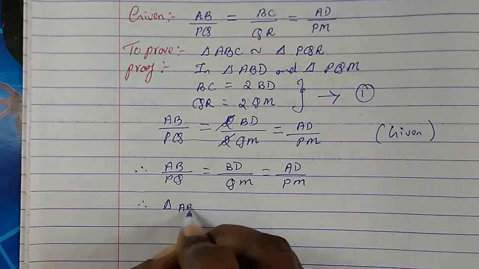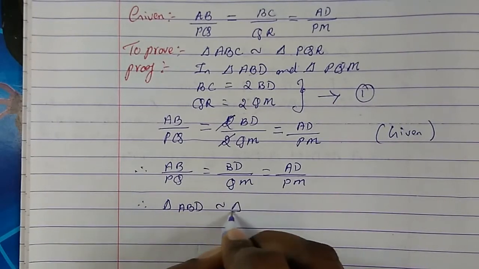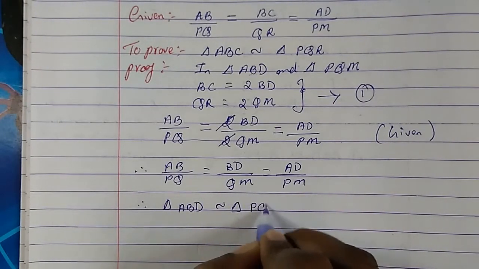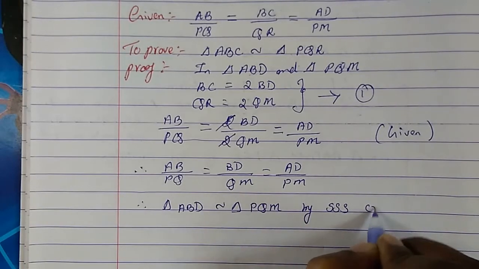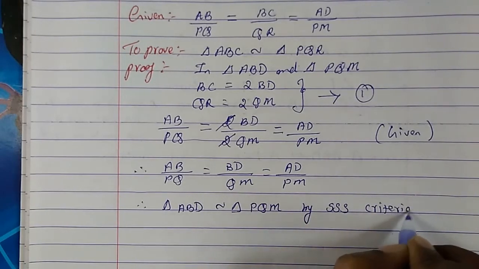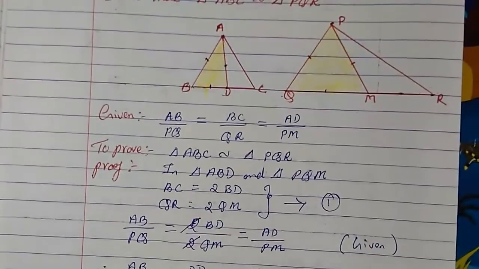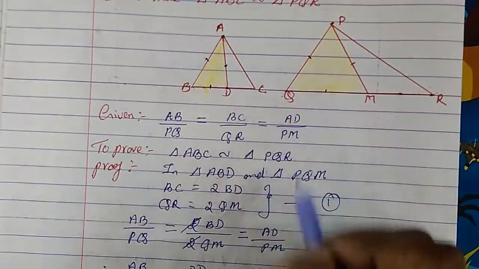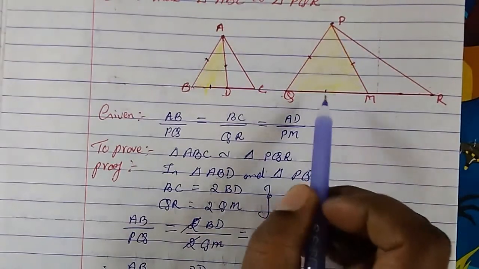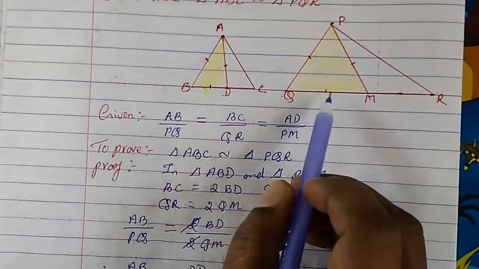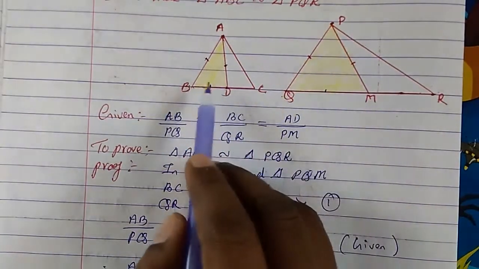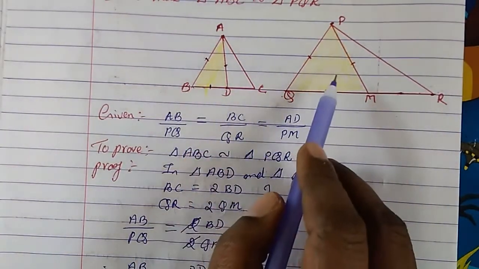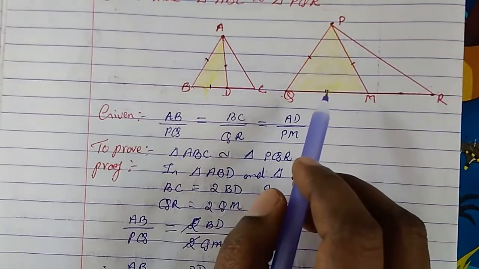Triangle ABD is similar to triangle PQM by side criteria. Okay, so we have proved that all 3 sides are proportional to each other, the ratio. If all 3 sides are proportional, then we say both the triangles are similar.